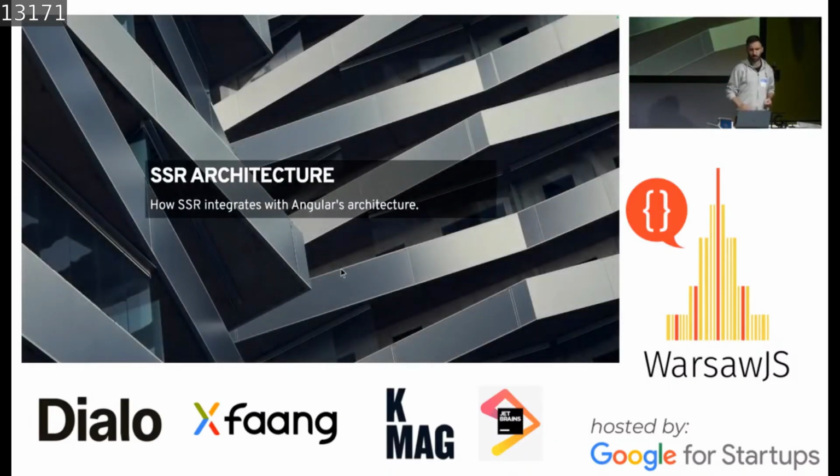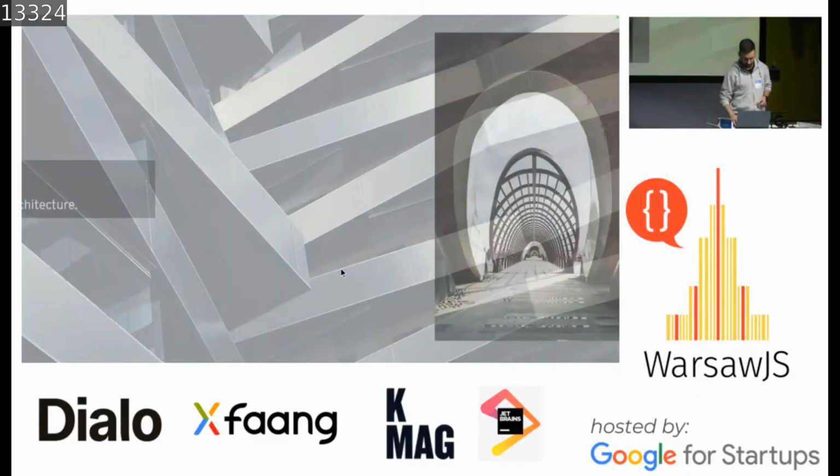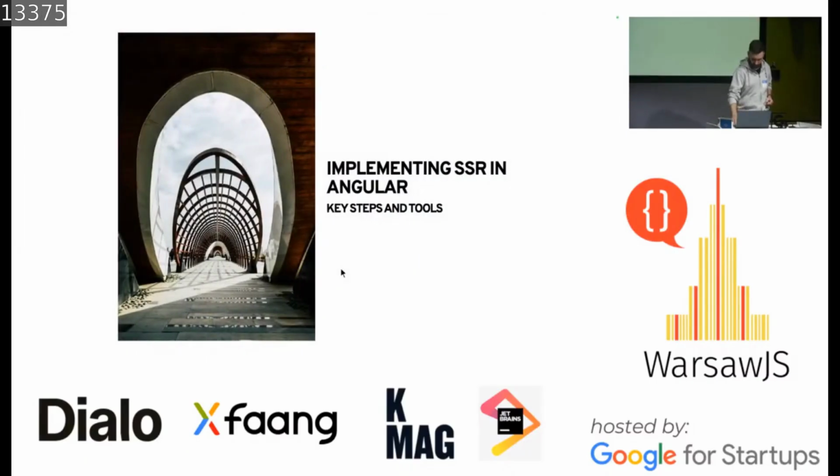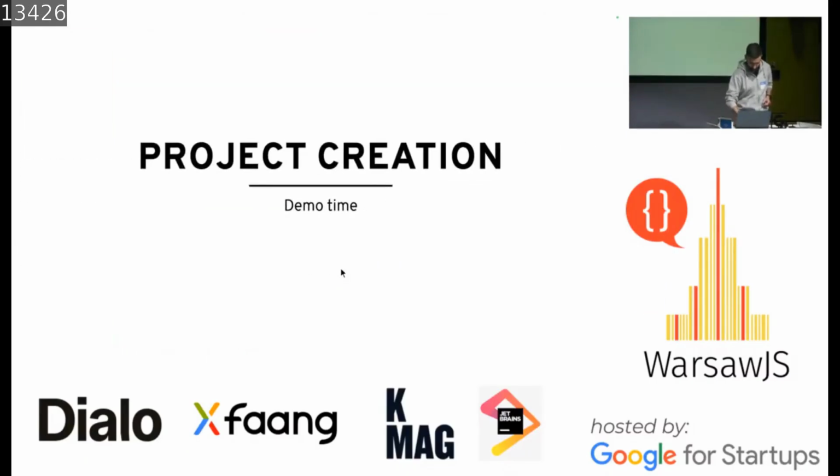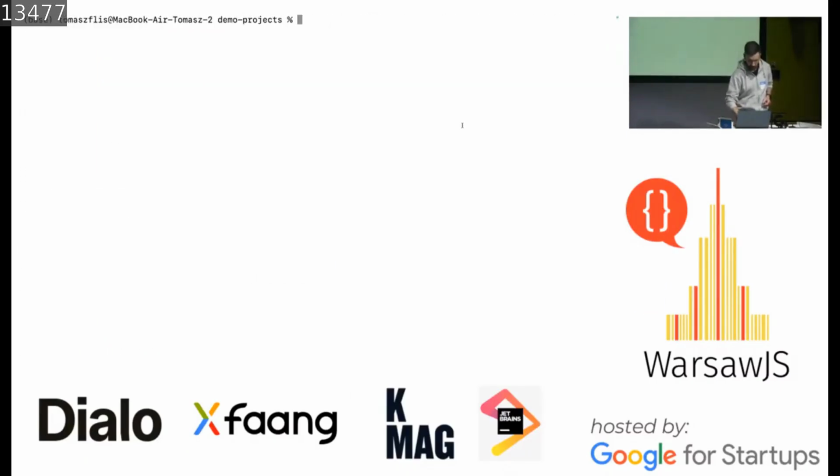And about the architecture, and what actually changed in Angular and how it works, let me create a project really quickly. So what is new? I'm switching to my local terminal, and I will utilize npx. It is a tool from Node.js to utilize external packages.